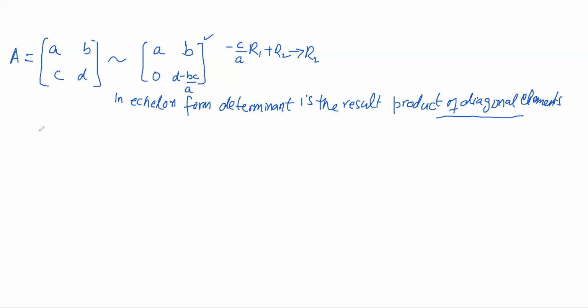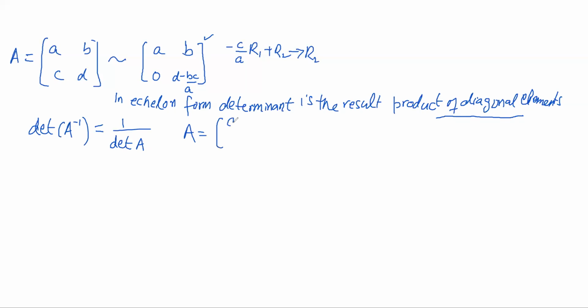Similarly, the determinant of the inverse of a matrix is equal to 1 over the determinant of A. So we can see that from here.